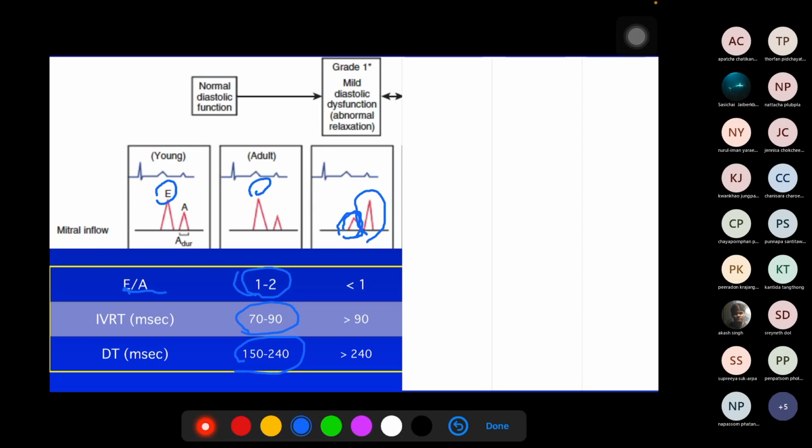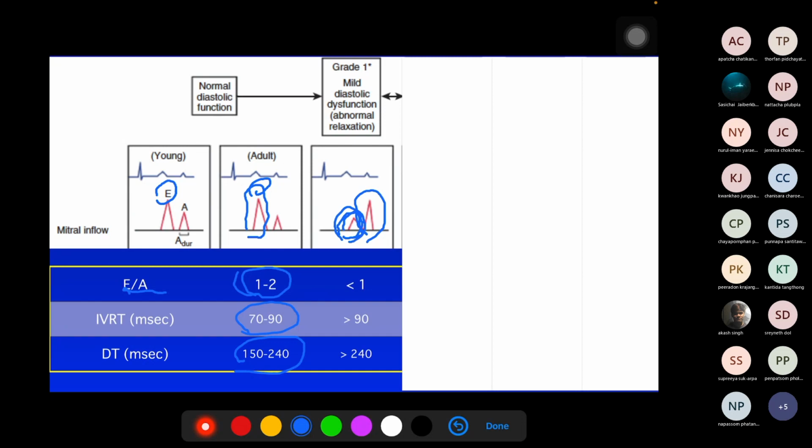Try to imagine when the LV has early stiffness, the relaxation is abnormal. So the process of filling the blood is changed to abnormal. And this phase, as I told you, is the most important phase. When this phase has abnormal relaxation, the velocity to fill the blood is decreased because the LV relaxation is abnormal.